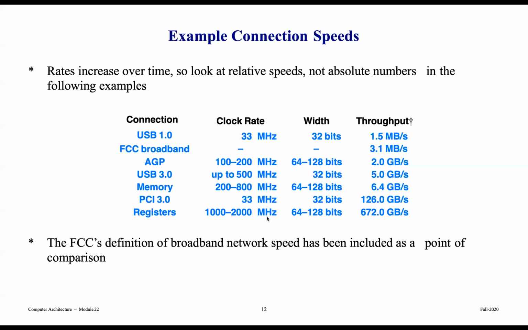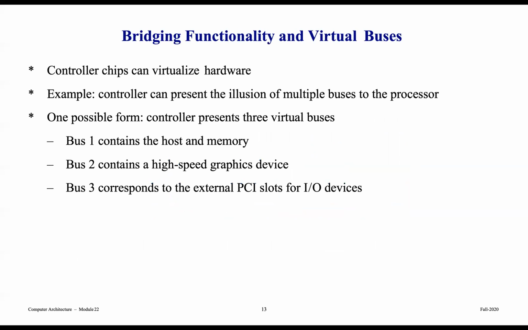You can see how the clock rates for registers are extremely high, memory is high, but then you have other things that maybe aren't as high, say like a PCI bus. An AGP would be higher, and so you can just see how that would work in terms of the clock rates, the data widths, and the throughput, the registers having the highest throughput. So that's a rough perspective on that.